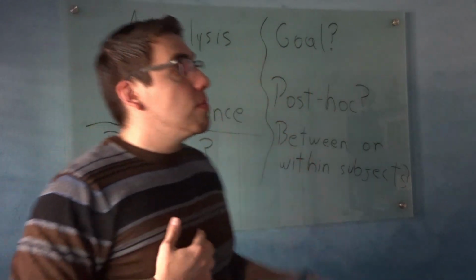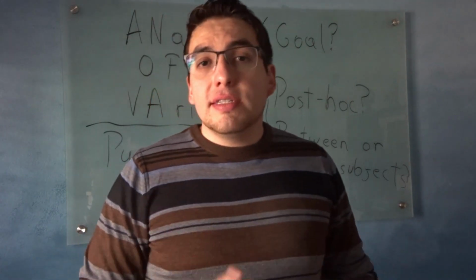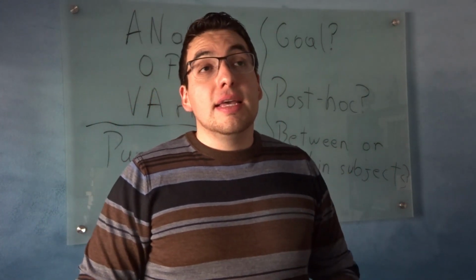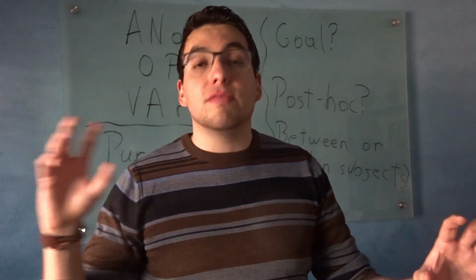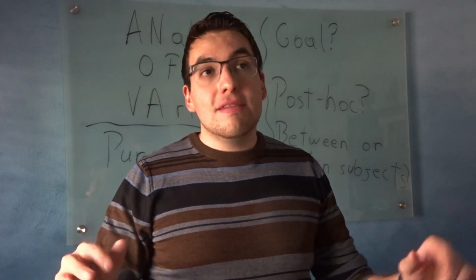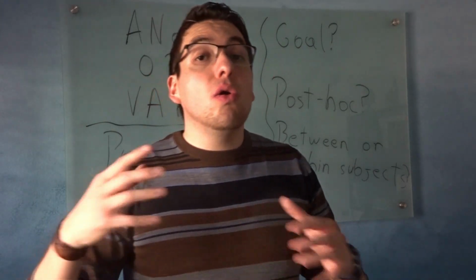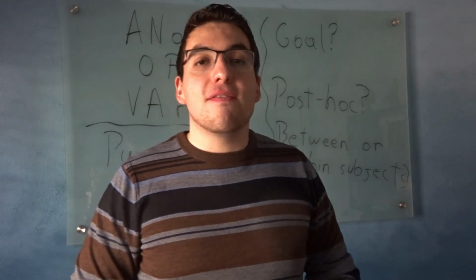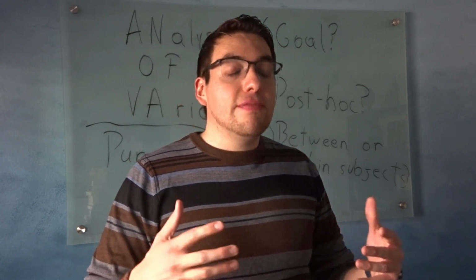Now, the goal. The goal of an ANOVA, and if you want to, you can see it on the slide so you at least have an idea, but the goal of the ANOVA is to, same with the t-test, compare a critical number to an obtained score. The difference is in the ANOVA, you use a different set of numbers, also called the F-test. The F-table, my bad.